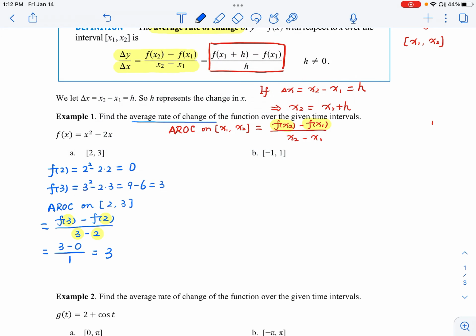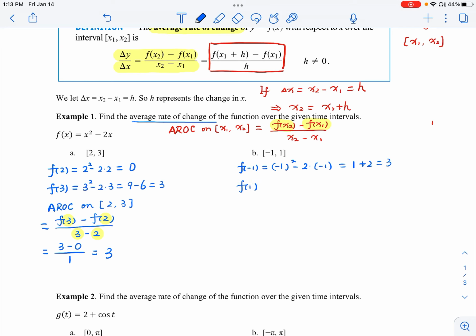Second one, we want to find the average rate of change between -1 and 1. First, find the value of the function at x equal to -1. Plug in -1: that's positive 1 plus 2, which gives us 3.